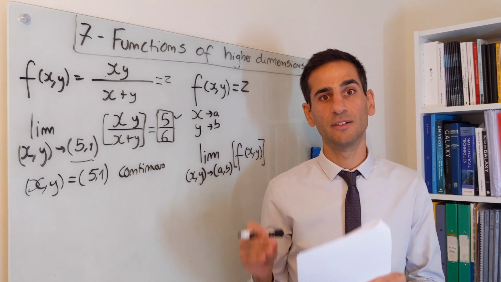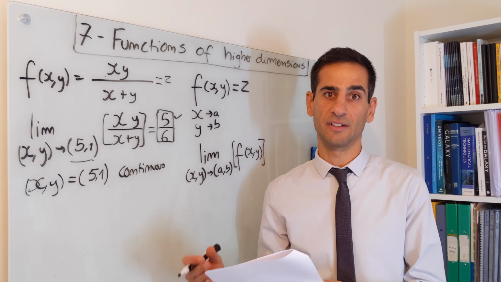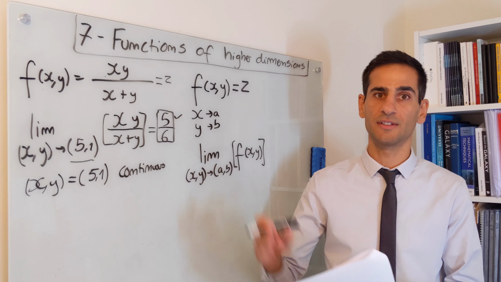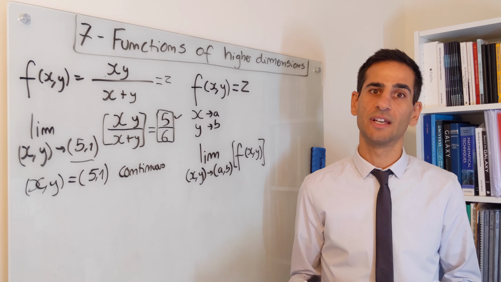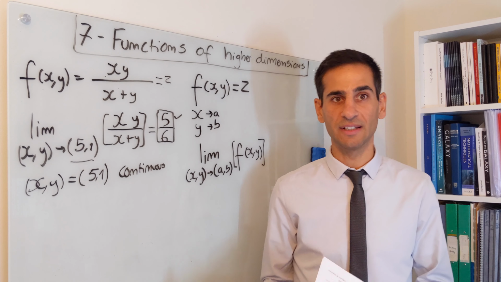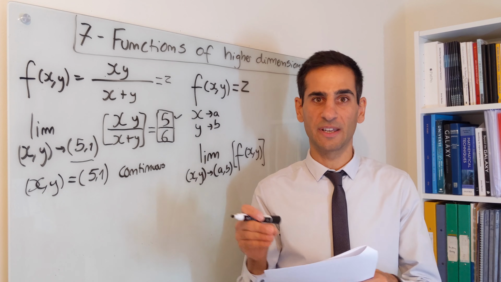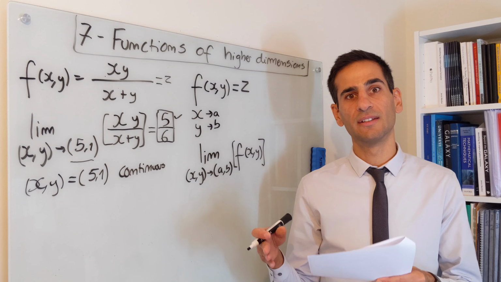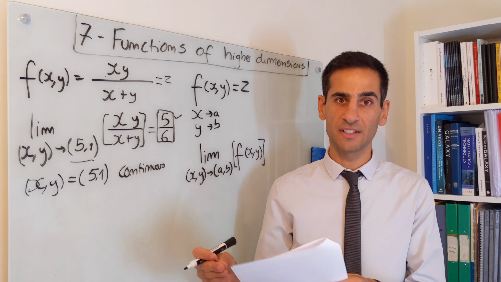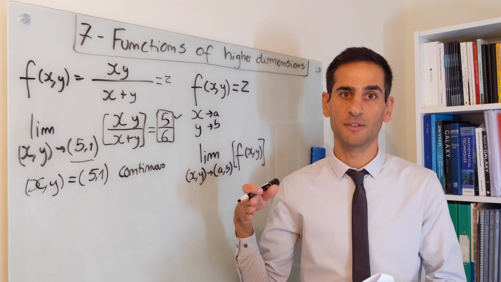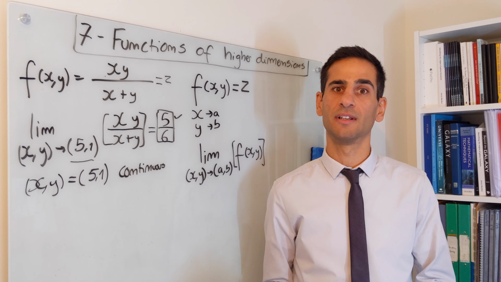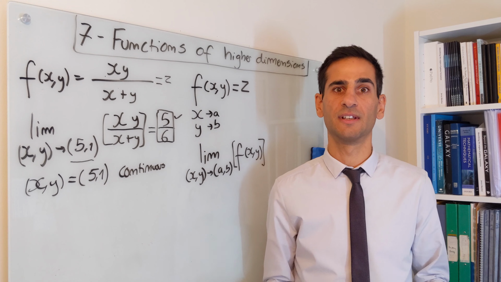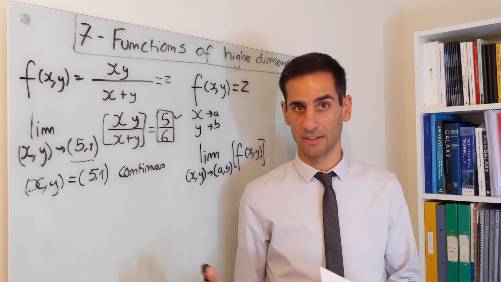If the values do not agree, the limit does not exist. For functions of more than one dimension, you apply the same technique, but instead of picking values which are just below and above, you can take lines or relations between x and y to specify a direction. And if they're different, the limit doesn't exist. We're going to show a practical example in the next video.